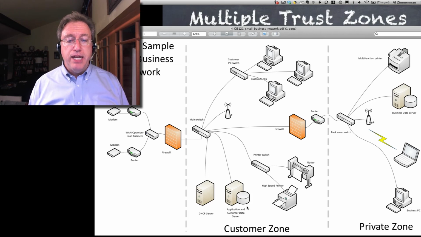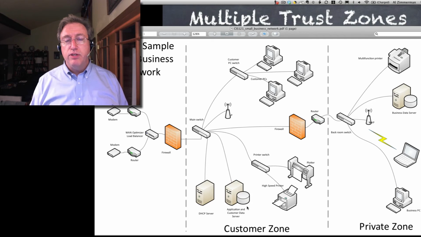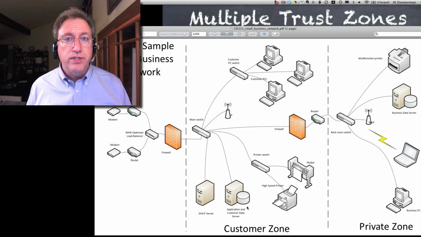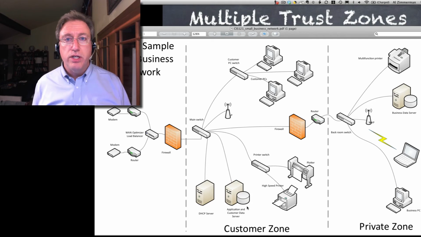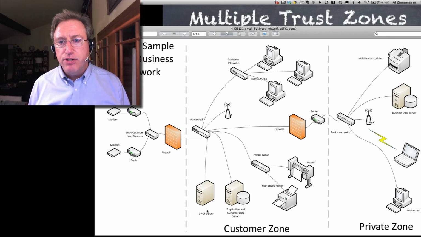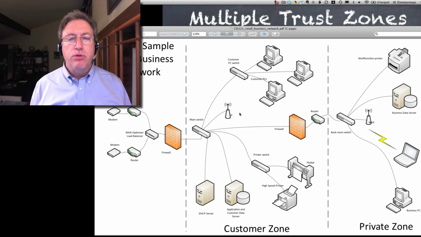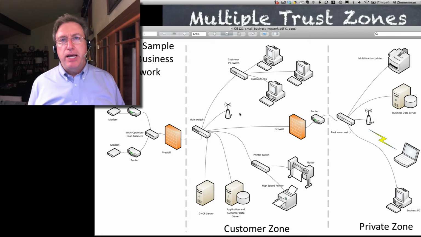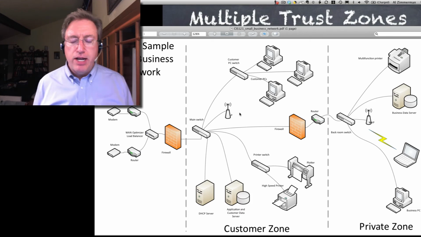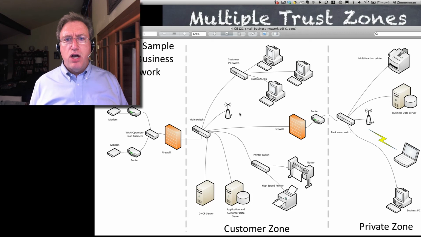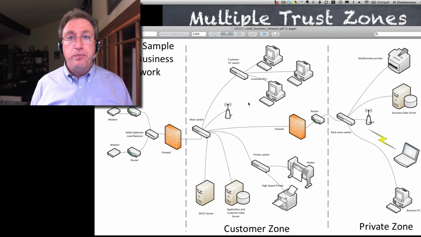They've got an application and customer data server that is providing directory services and storage for the customers. They've got a DHCP server so that if people bring in their own laptops or their own tablets and connect up through the wireless access point, we can make sure those people play nice on our network as well. So this is all in the customer zone.